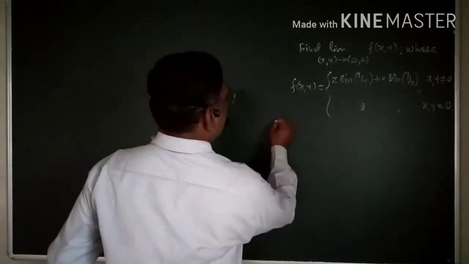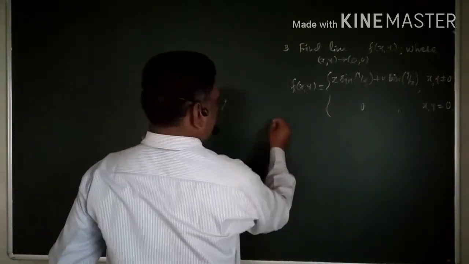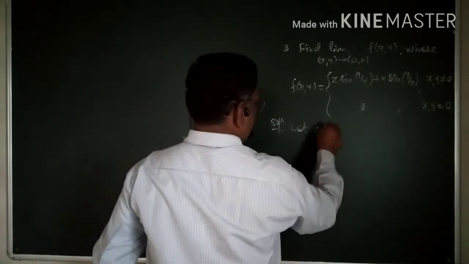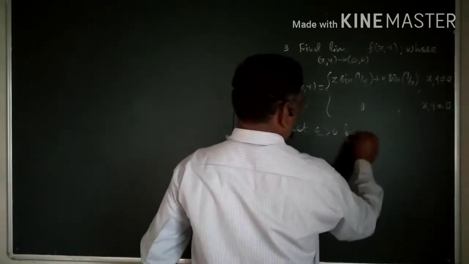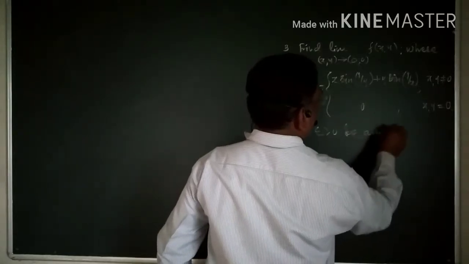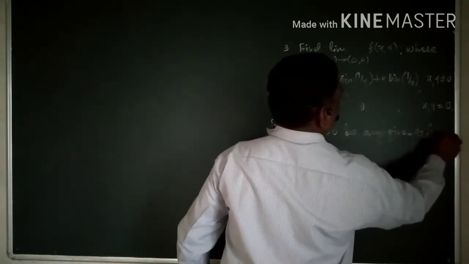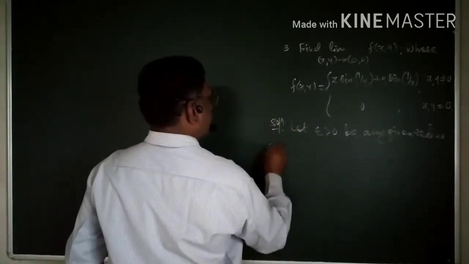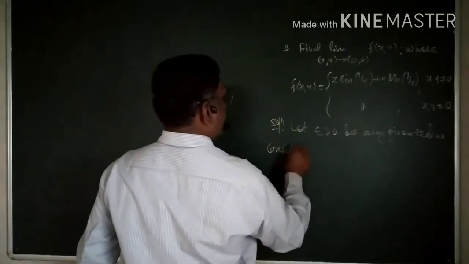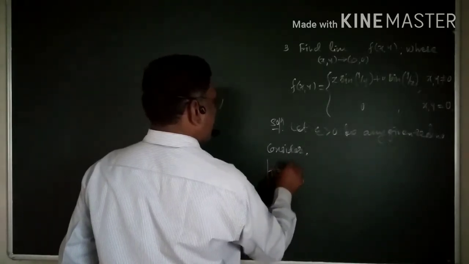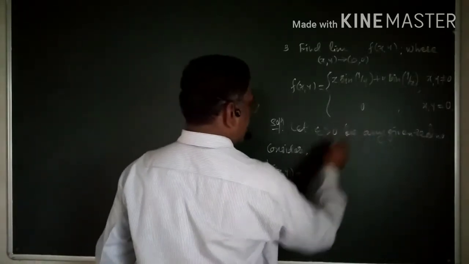Now let us go for solving this one. As usual, this is the third example, therefore we have a solution of it. Let epsilon greater than 0 be any given real number, and consider absolute value of f of x, y minus its value, which is 0.